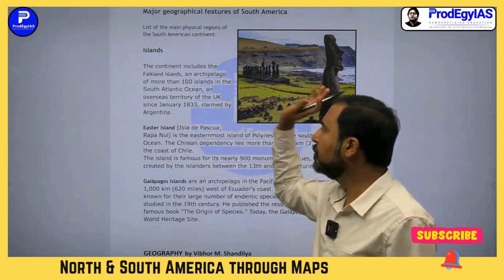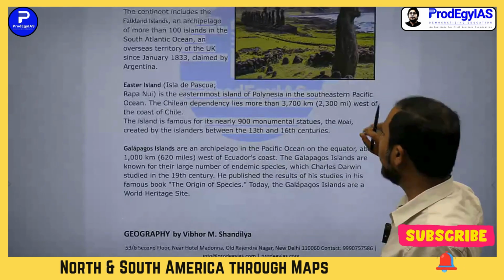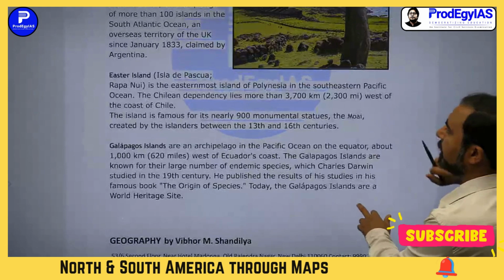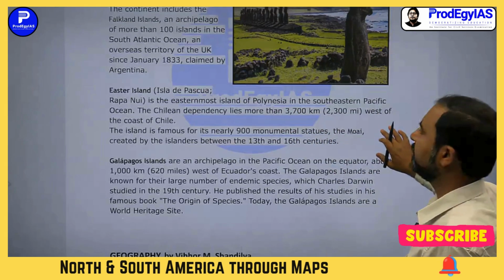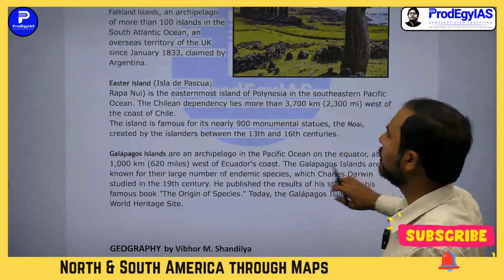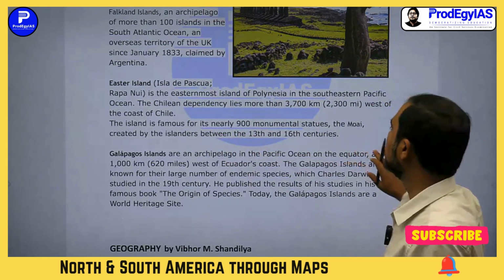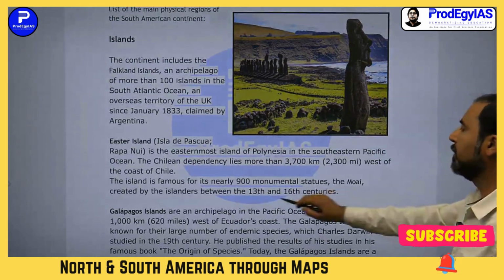Falkland Island belonging to the UK. Easter Island, a very small but important island, is the easternmost island of Polynesia in the southeastern Pacific Ocean. The Chilean dependency is famous for its monumental statues, the moai, created by islanders.